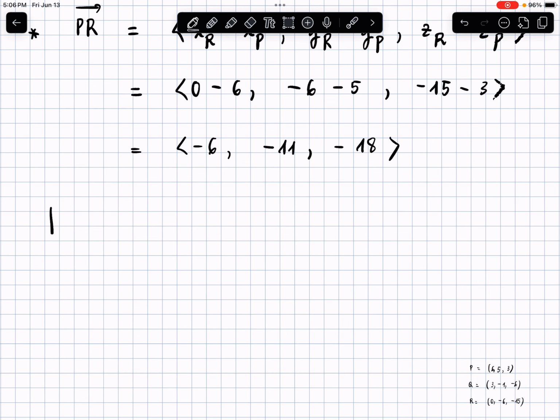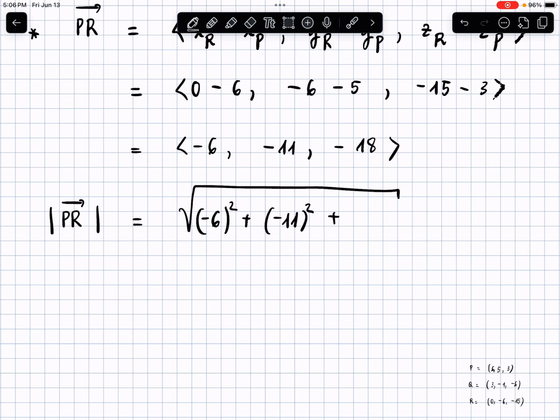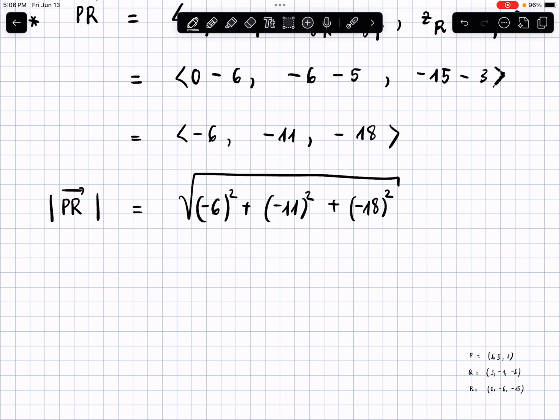The length or the magnitude of PR is the square root of minus 6 squared, minus 11 squared, minus 18 squared. This one gives us the square root of 481.